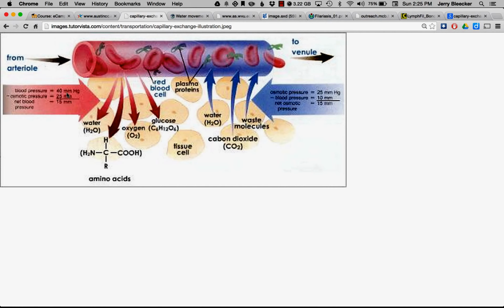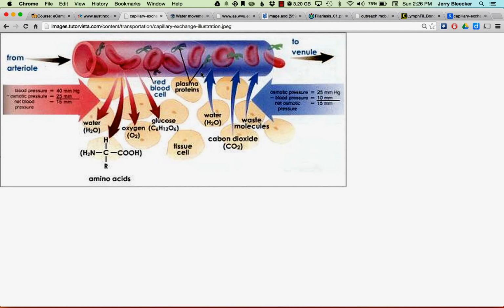It's 40 millimeters equivalents of mercury. Now, there is, of course, pressure from the tissues pushing backwards, and it's about 25 millimeters. So that's the natural sort of standing, watery pressure out here. Well, the good news is that the push out on the front end is about 15 millimeters higher, which is why all this good stuff flows out.